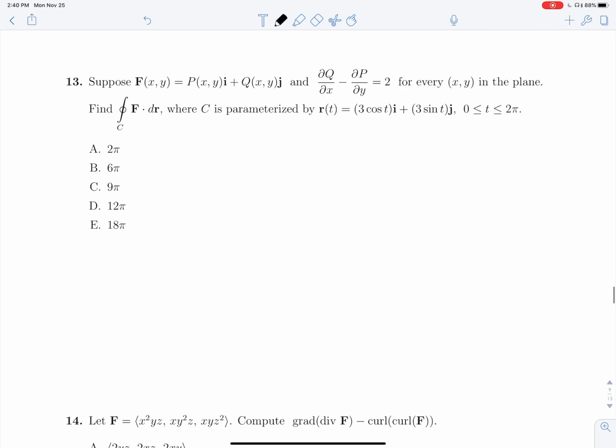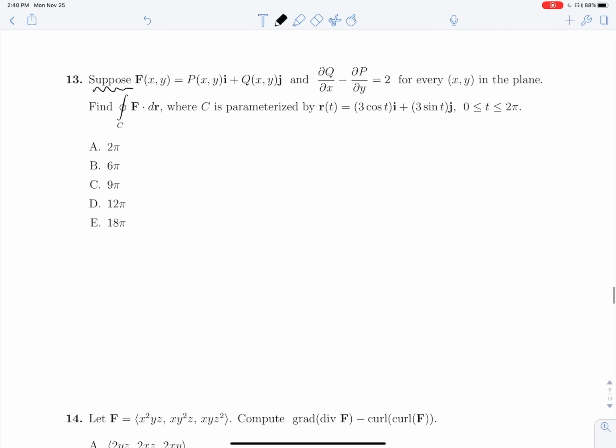Okay, 13. Let's suppose that F of x and y is P of x and y i plus Q of x and y j, and that the partial derivative of Q with respect to x minus the partial derivative of P with respect to y is 2. So this is heavily hinting that we should be using Green's theorem.